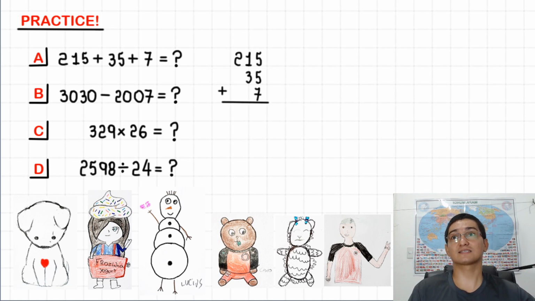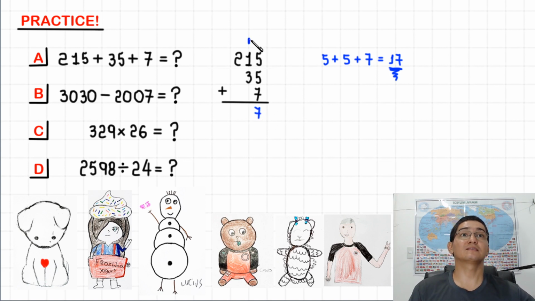Okay, let's get started. What is 5 plus 5 plus 7? You will tell me that 5 plus 5 plus 7 equals 17. Am I right? 5 plus 5, 10. 10 plus 7, 17. So I write 7 from 17 here, and the 1 goes up here.